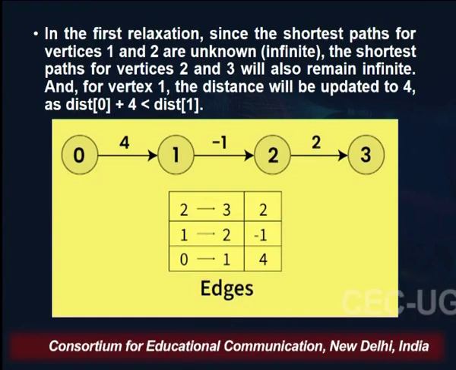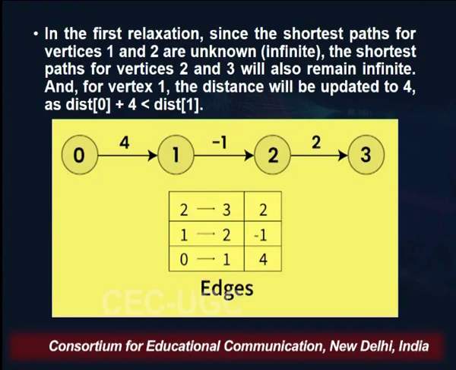Initially the distances are initialized to infinity, and the distance to 0 is 0, because that is the source vertex, as given in our initialize graph sub procedure which we have already seen. So the distance for 0 is 0, and 0 plus 4 gives us 4, which is less than the current distance of 1, which is infinity.